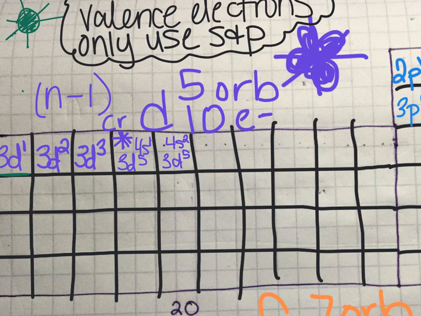So 3d5, we're going to go 3d6. This one's from your lab. That's iron. 3d7, 3d8. Get complicated again. And we're going to go 4s1, 3d10. And then 4s2, 3d10.